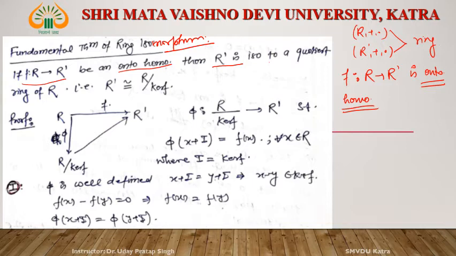Then this R prime is isomorphic to R by kernel of f.